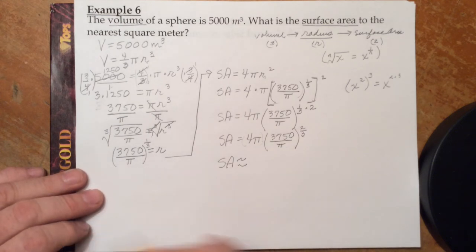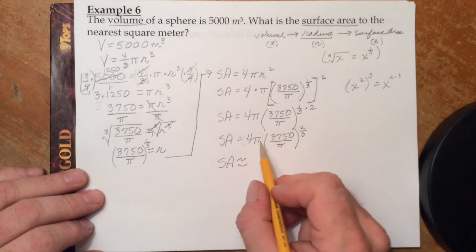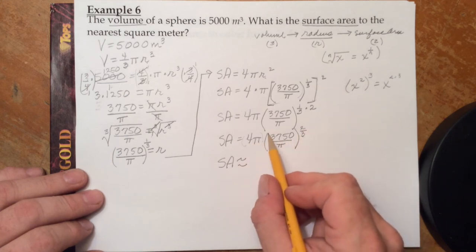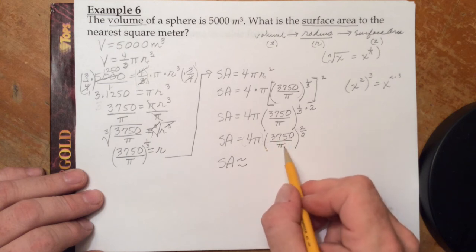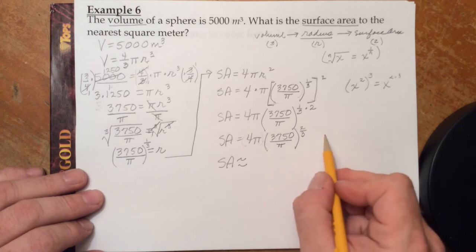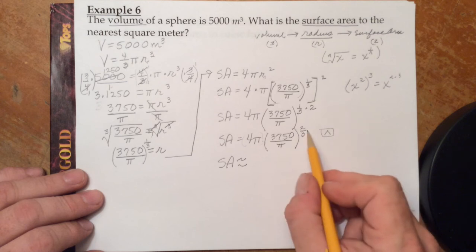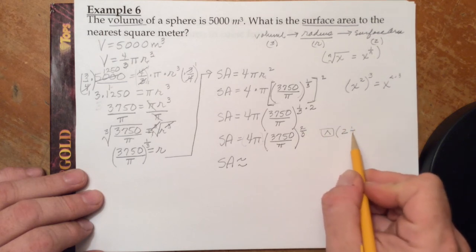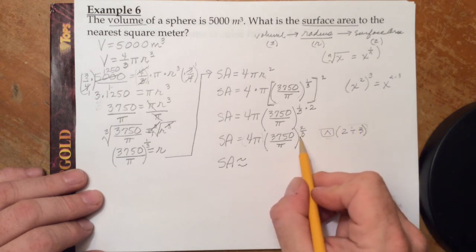So in your calculator, what you can do is put in 4, second pi, times, open parentheses, 3,750 divided by second pi, close parentheses, then the caret key, and then open parentheses, 2 divided by 3, close parentheses. So all of that should be as an exponent.